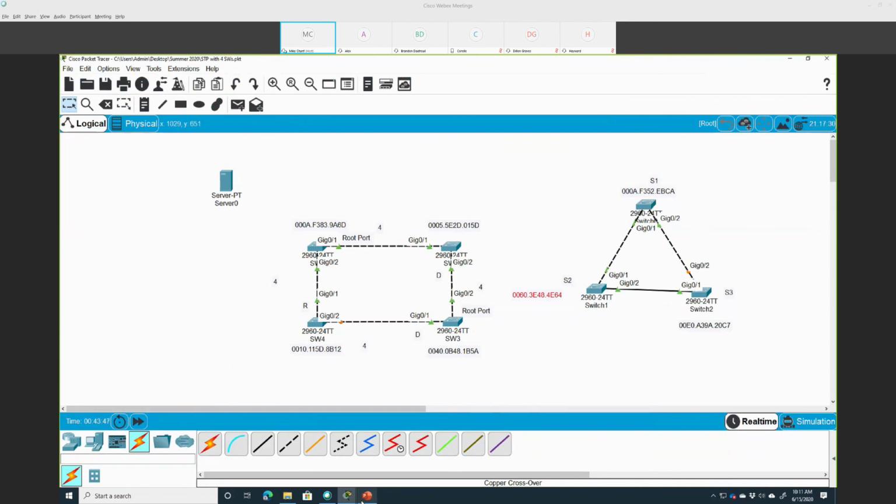Now, one more example I should give you. This one here and this one here, doesn't matter, it's the same switch.